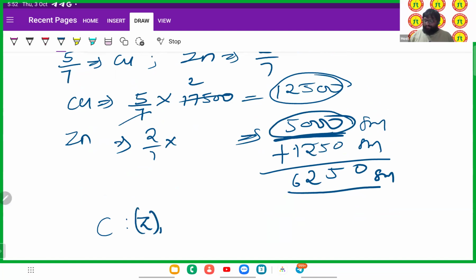Copper to new zinc. This is the new zinc weight after adding 1250 grams. So 12,500 by 6,250.